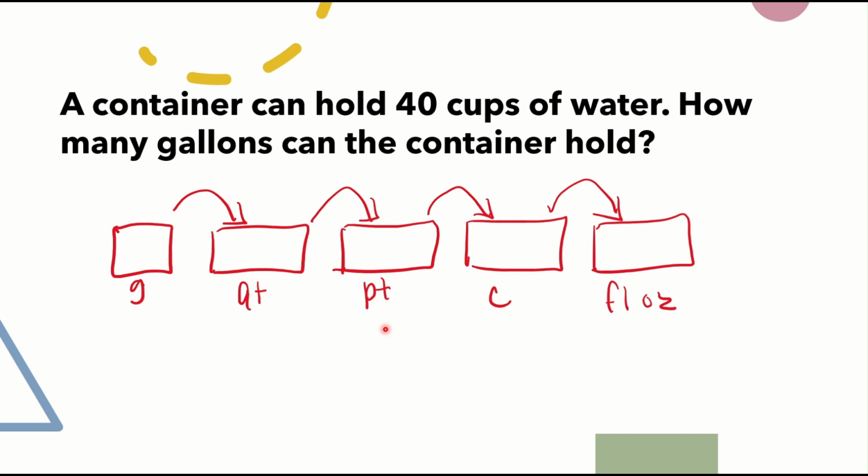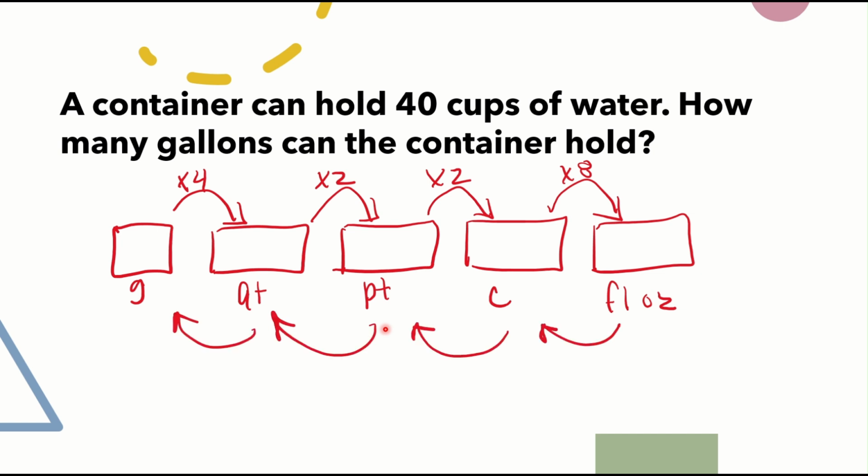Placing our values: times 4, times 2, times 2, times 8. And we do the same thing when we're dividing: divide by 8, divide by 2, divide by 2, divide by 4.